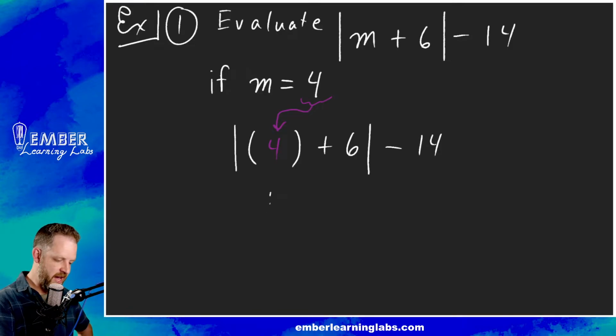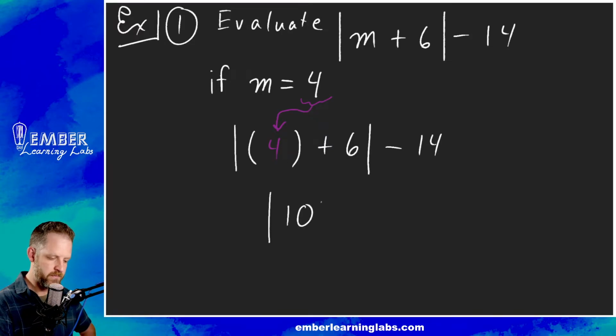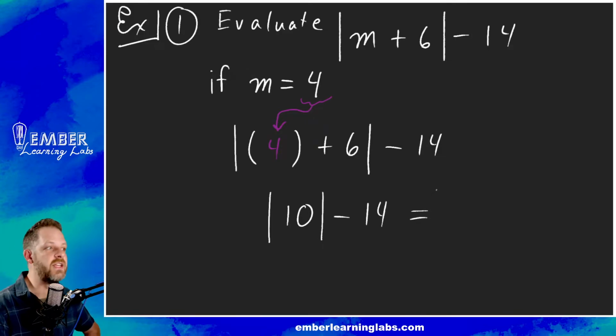So this is the absolute value of 10 minus 14. I don't know why I'm writing so gigantically huge on this particular problem, but that's okay. The absolute value of 10 is still 10.